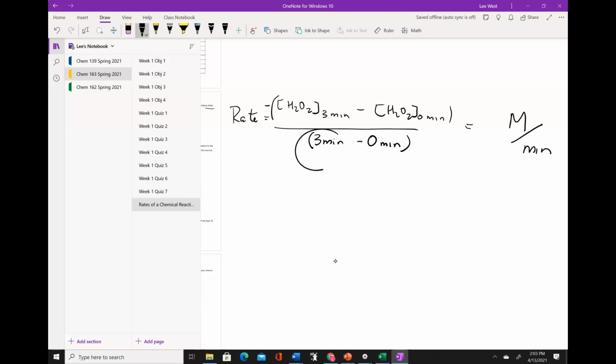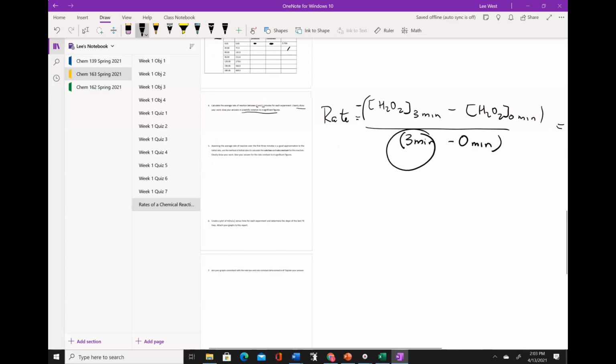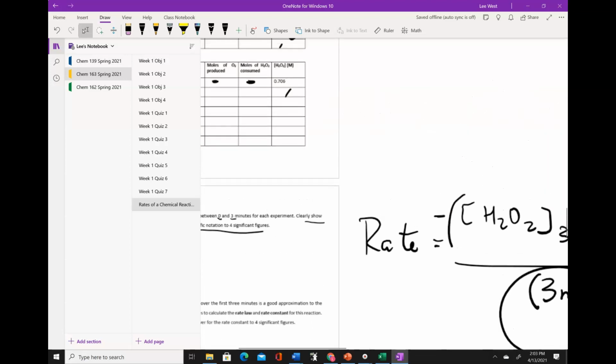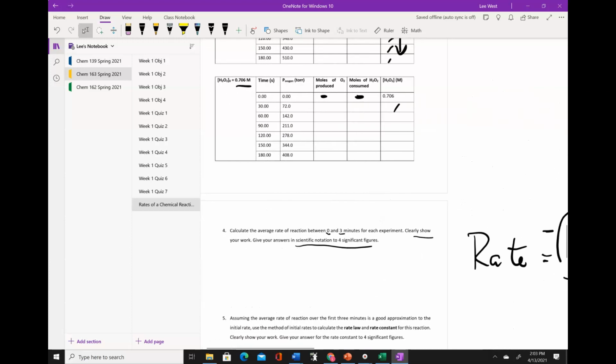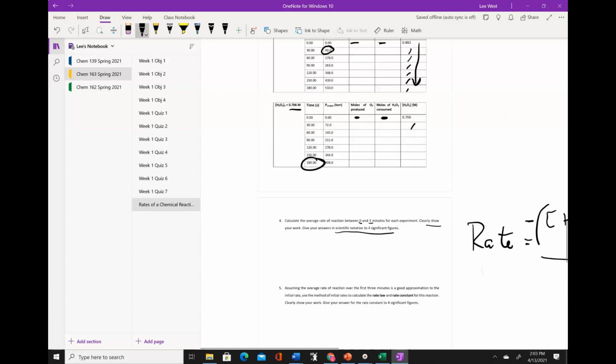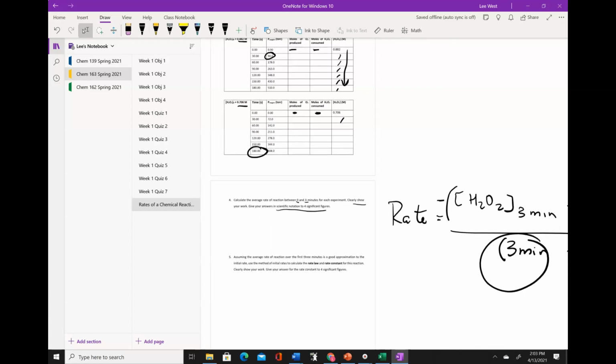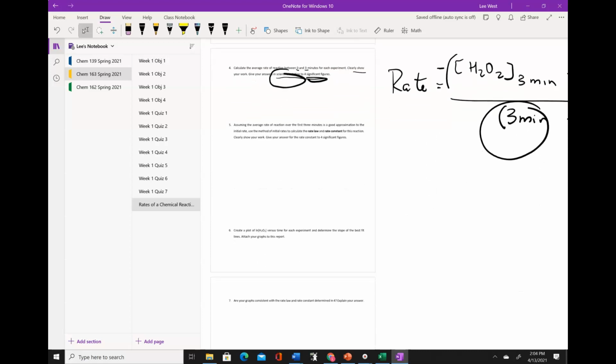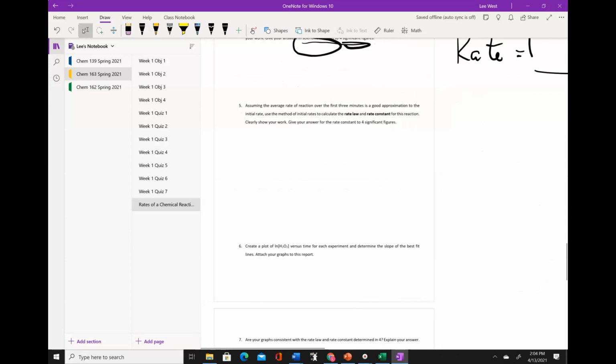Of course, you could use either seconds or minutes for that. So remember that 3 minutes is 180 seconds if you're going to do that. Either or, it's your choice, but the important thing is scientific notation and 4 significant figures. So that's kind of getting better.